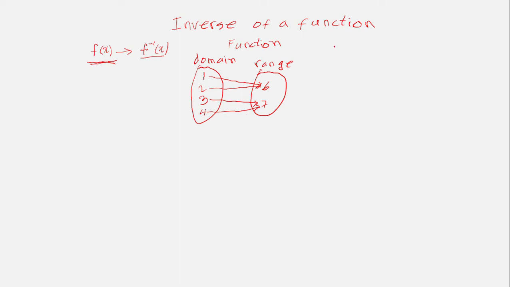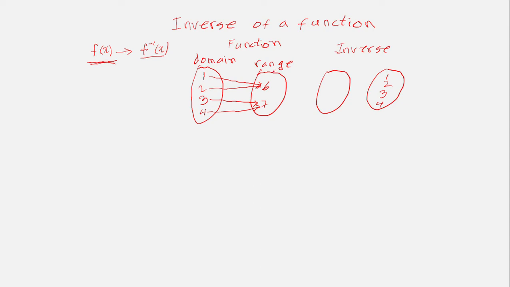Now to obtain the inverse, we will simply make the values that were domain in the function now become the range. So this would be 1, 2, 3, 4. And then what was range?